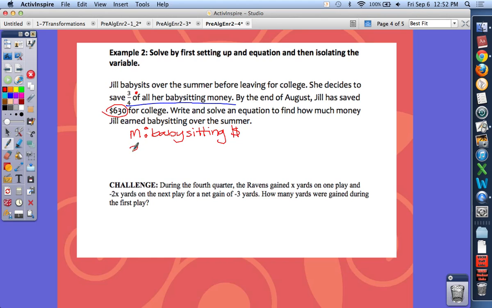So I'm going to have 3/4 of her babysitting money, but I don't know what her babysitting money is, so I'm going to put the M in there. That's how she decides to save for college. At the end, what has she saved? She saved $630. So 3/4 of the money she made is equal to the $630. Nice job if you set that up.